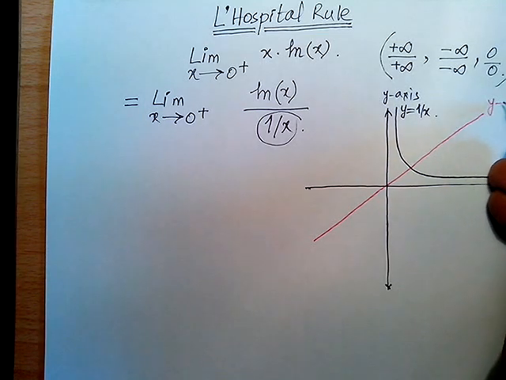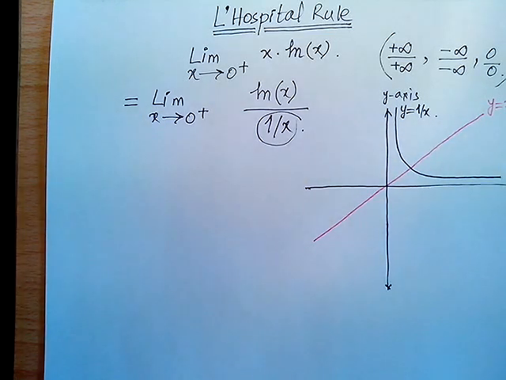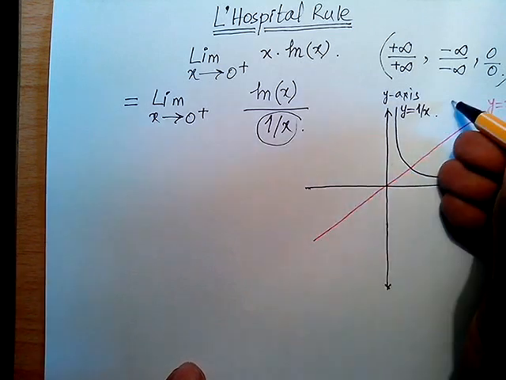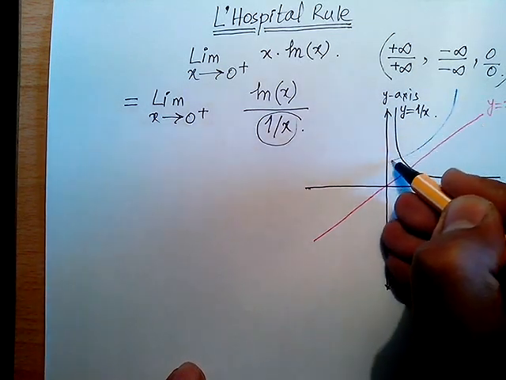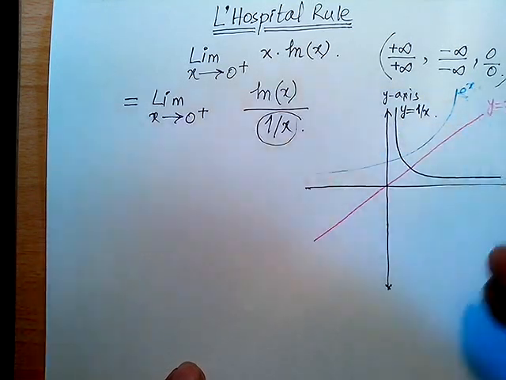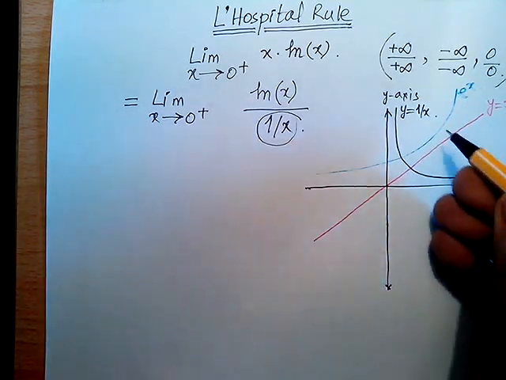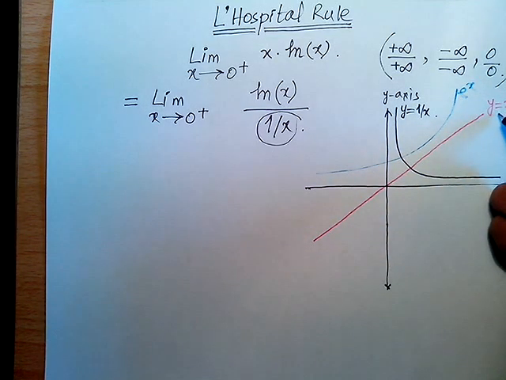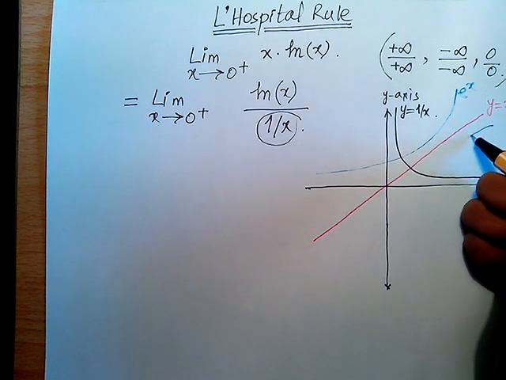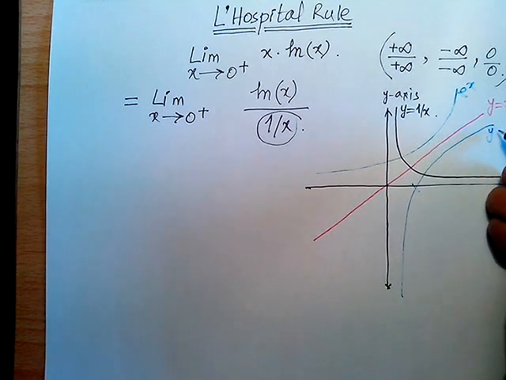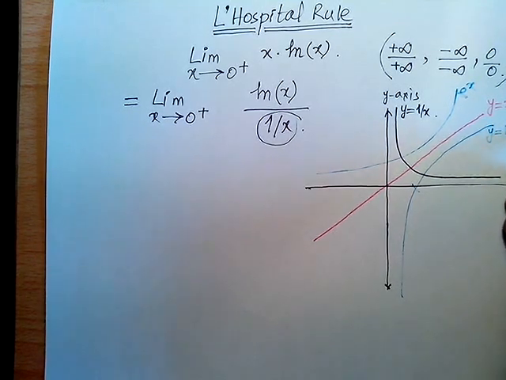So this is y is x. And what is the graph of ln? First of all this is the graph of the exponential function, and the reflection of an exponential function along y equals x is the graph of ln. Y is ln of x.